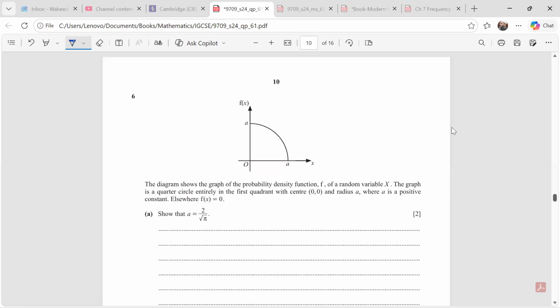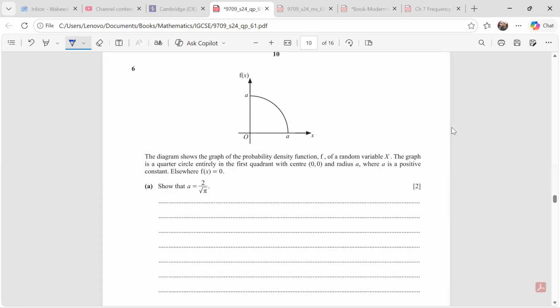It is a fairly simple question. The diagram shows the graph of the probability density function f of a random variable x. The graph is a quarter circle in the first quadrant with the center at the origin and radius a, where a is a positive constant.